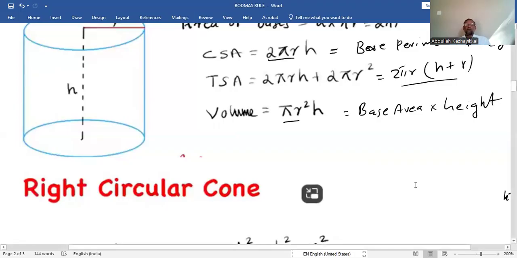You can find it very fast, because CSA is base perimeter into height. Base perimeter is equal to CSA by height, that means 1000 by 10, that is 100.